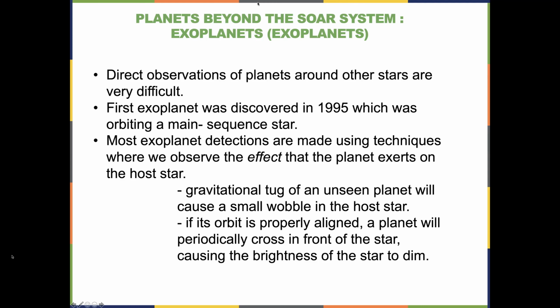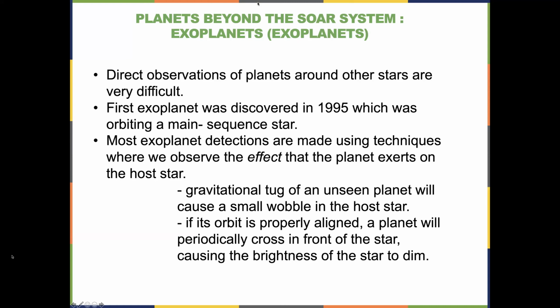Now, as I have mentioned here, direct observations of planets around other stars are very difficult, and you can imagine that, right? Going beyond the solar system, detecting a star and then looking at planets around that particular star will be extremely difficult. This is why looking for planets in other solar systems was not that popular until close to 2000.